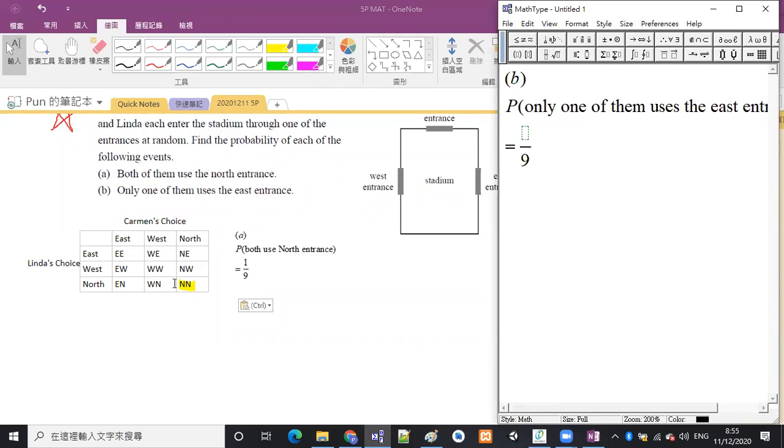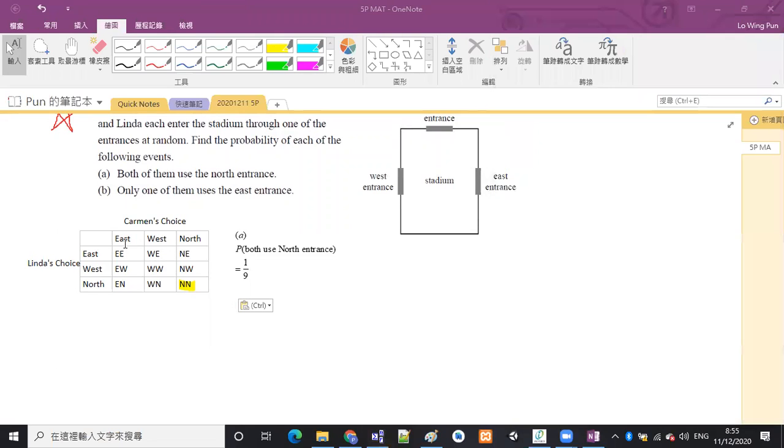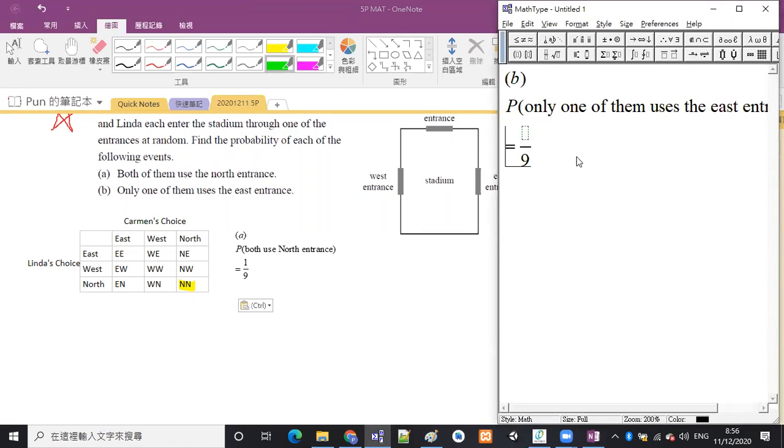Okay, only one of them uses the east entrance. So one of them used east, and the other did not use east. 即係只得一個 E，係嘛，另一個要係唔係 E 嘅。So among the 9 possible outcomes, how many of them can satisfy this requirement?